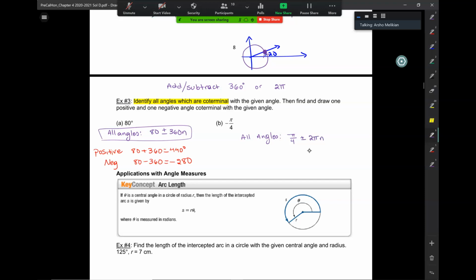Just to be clear, the positive and negative in the first one were only some of the coterminal angles, right? The red ones? Because you can make multiple rounds, and those multiple ones are expressed in the purple. The red just has one example of a positive and a negative. Yeah. So now if I wanted to find one positive angle, I would do pi over 4 plus 2 pi.